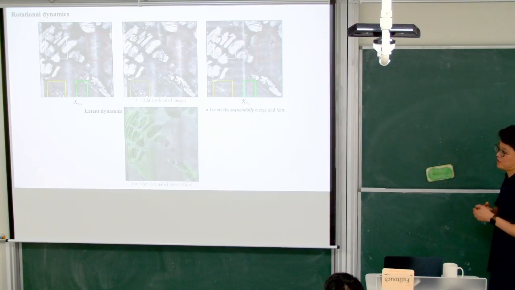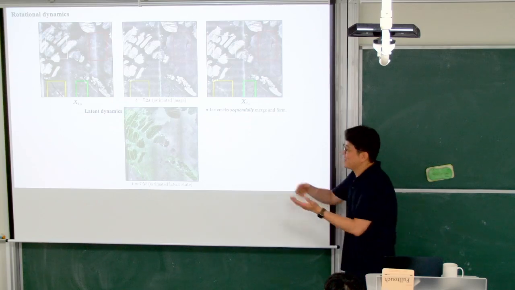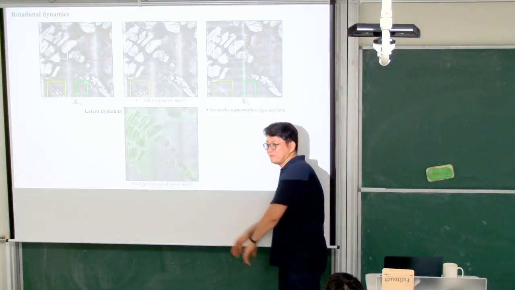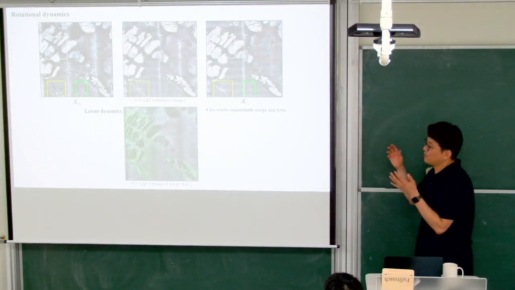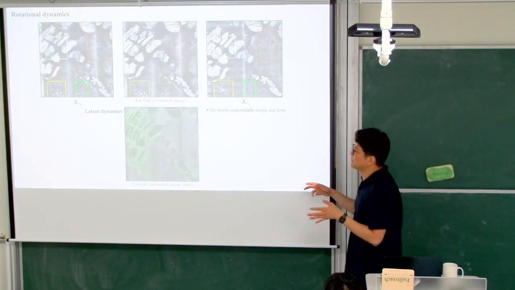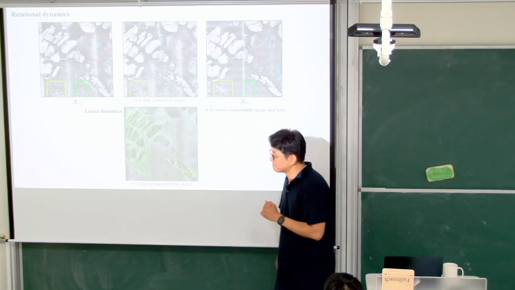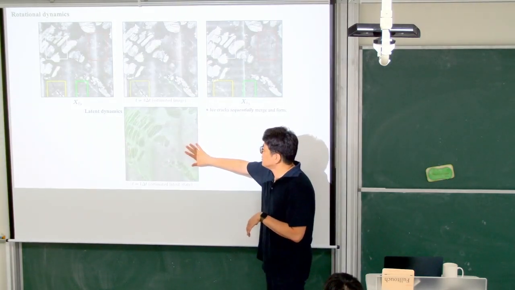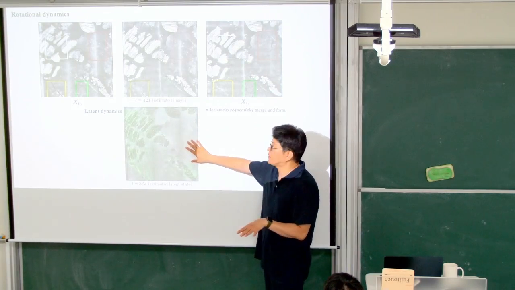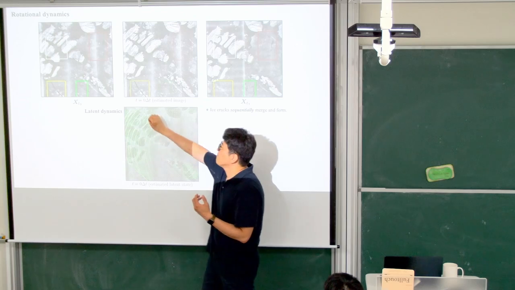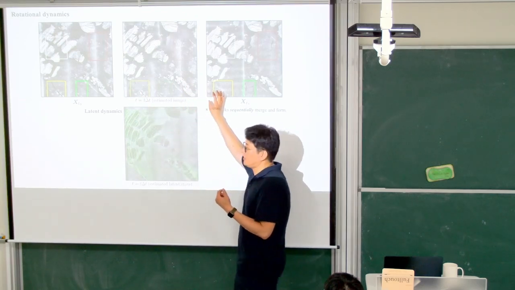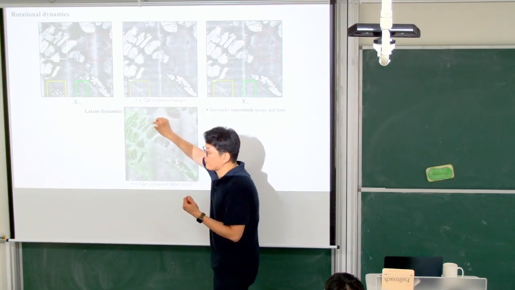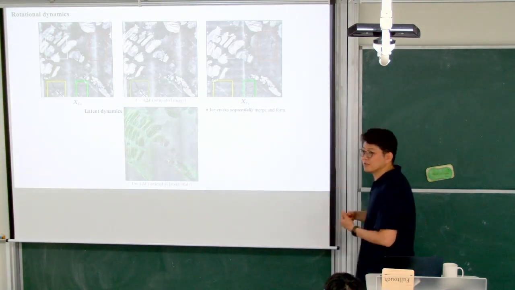That is why we only put in some advection terms. Even though this is simple, advection is very natural because we want to know about the motion of the image, and this vector field carries very full information.